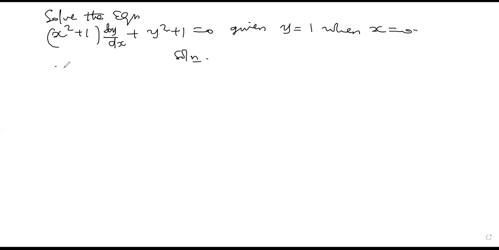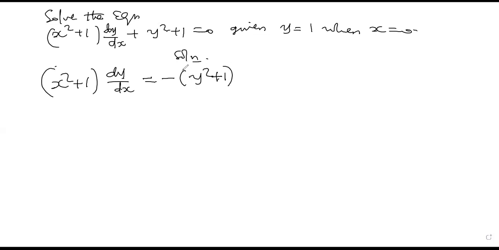Here, when you separate variables, you have (x squared plus 1) dy/dx is equal to negative y squared minus 1. So it will be negative (y squared plus 1).